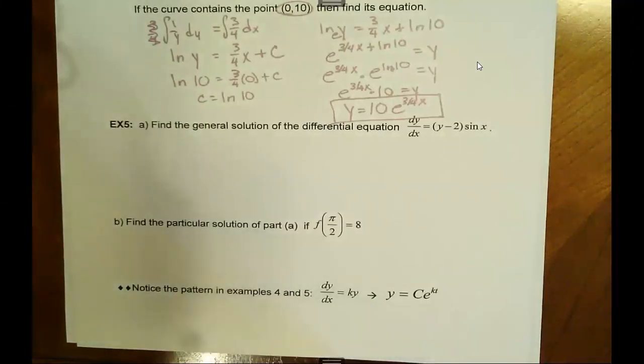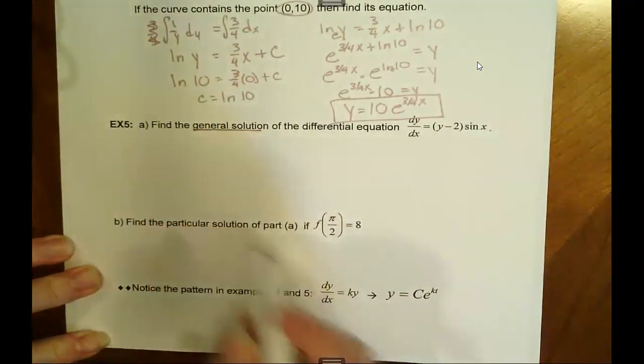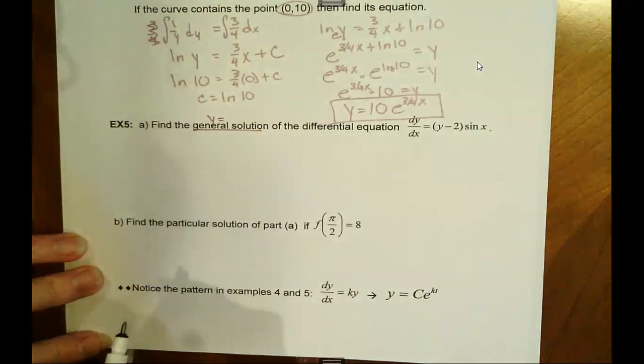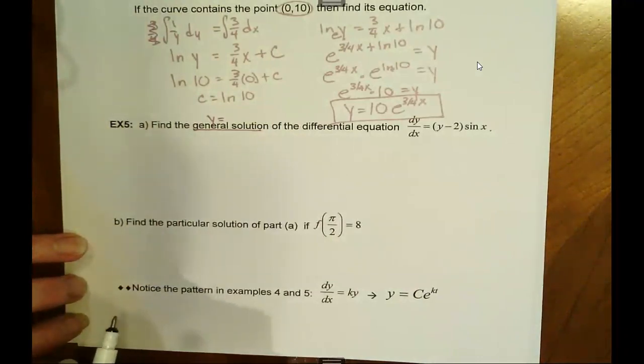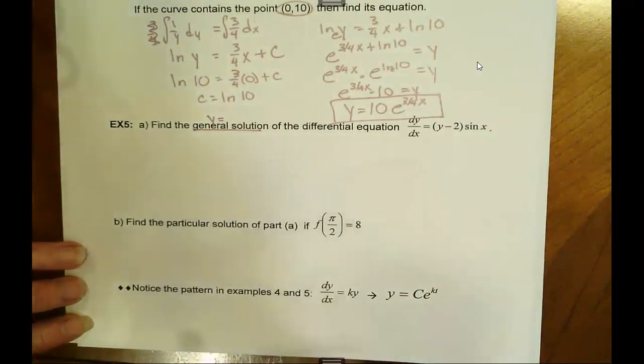So for now, it asks us to find the general solution. When you see that, that means that they do want you to solve for y. They want the dependent variable in terms of the independent variable. So we still need to separate our variables.